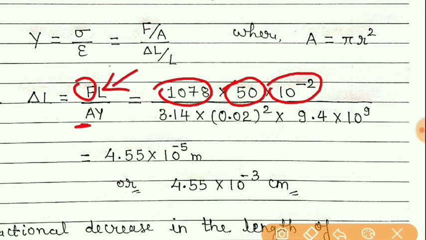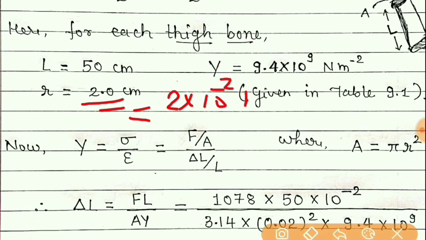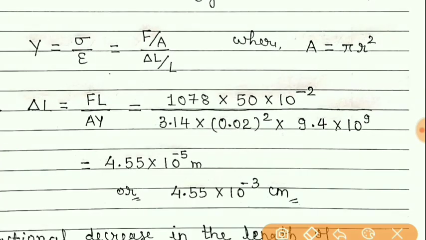Area is pi r square. This is the value of pi, and the radius is given as how much? 2 centimeter. So we have to convert this into meter. To convert centimeter to meter, 2 into 10 raised to minus 2 meter, and this can be written as 0.02 meter, so I have written 0.02 and square because it is the square of r. Young modulus is given as 9.4 into 10 raised to 9.